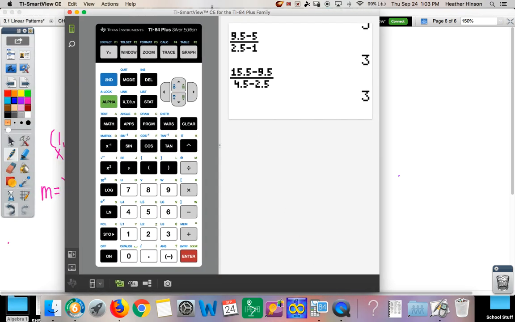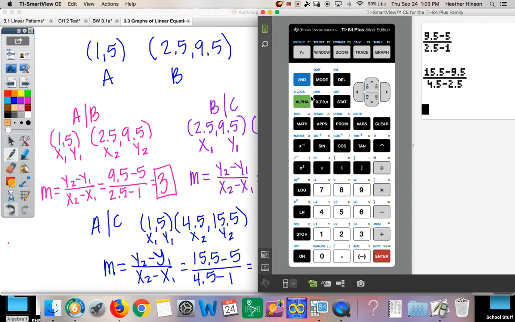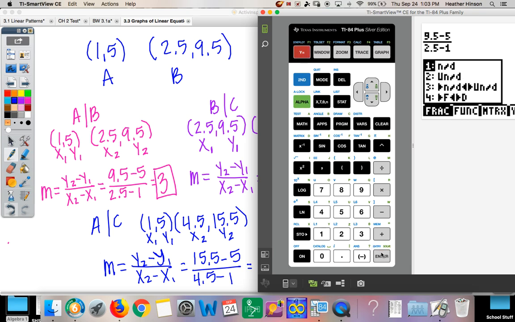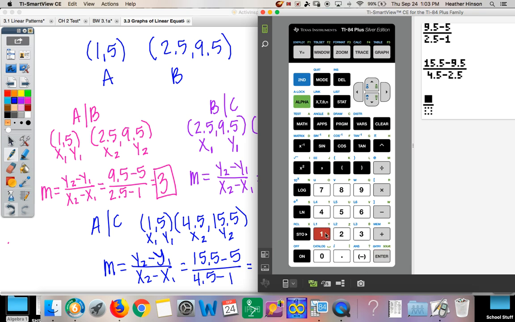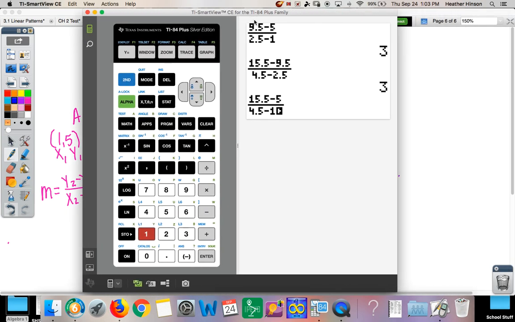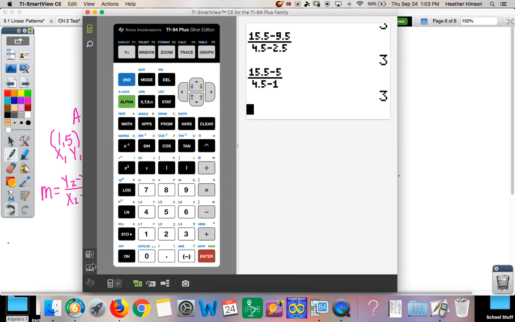And plug it in. So alpha y equals, enter, 15.5 minus 5 on top. And on the bottom, 4.5 minus 1. And when we enter, we get 3.